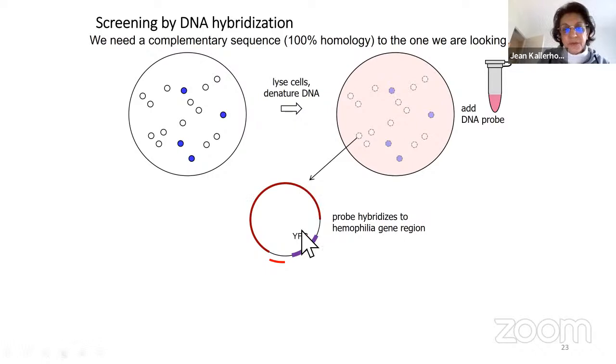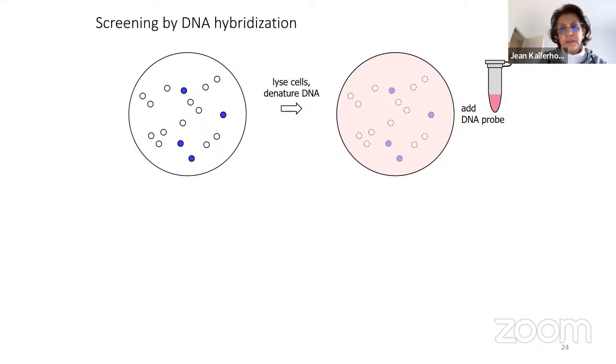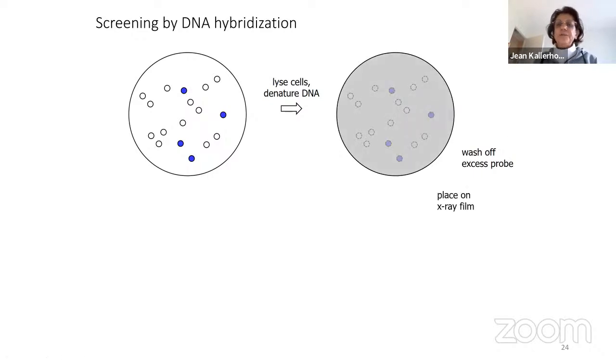So if this is the probe, it will hybridize specifically to the colonies that are containing the right gene. Afterwards, you will wash the excess probe. You will place it on an X-ray film, right? And this will be the signal that you will see.